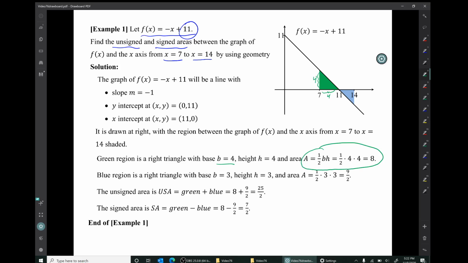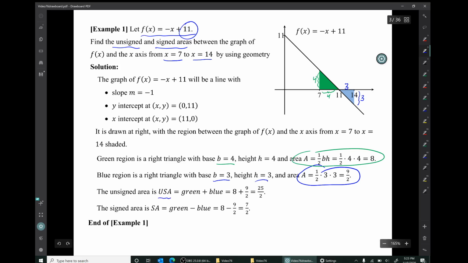Now let's turn our attention to the blue region. The blue region is also a right triangle. Its base is 3. That's this little length. And its height is also 3. That's this little length. So when you use the same area formula, 1/2 the base times the height, you get an area of 9/2. Now, we use those numbers to find the signed area and the unsigned area. The unsigned area is the easier one, the more natural one.